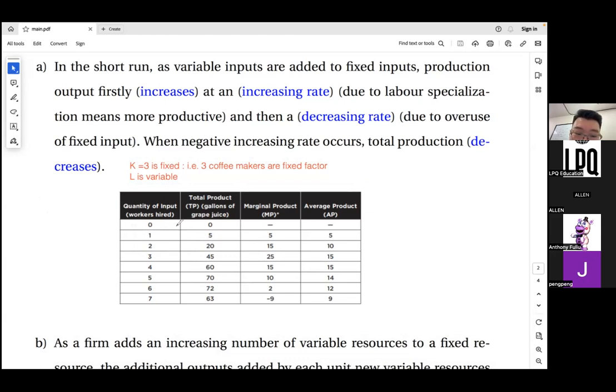In the first day of your business, you hire nobody. The first column here indicates how many units of labor, how many units of workers, you hire.